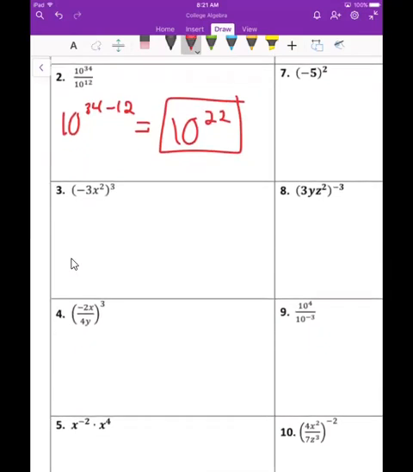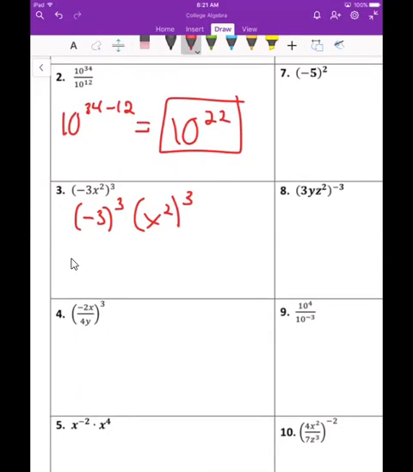On this next one, you might have missed this. You want to be careful. The -3 also gets cubed. So the -3 is one of the bases. It gets cubed and x squared gets cubed. So it's helpful to write out that middle step where you write out each base individually that is getting that outside exponent.